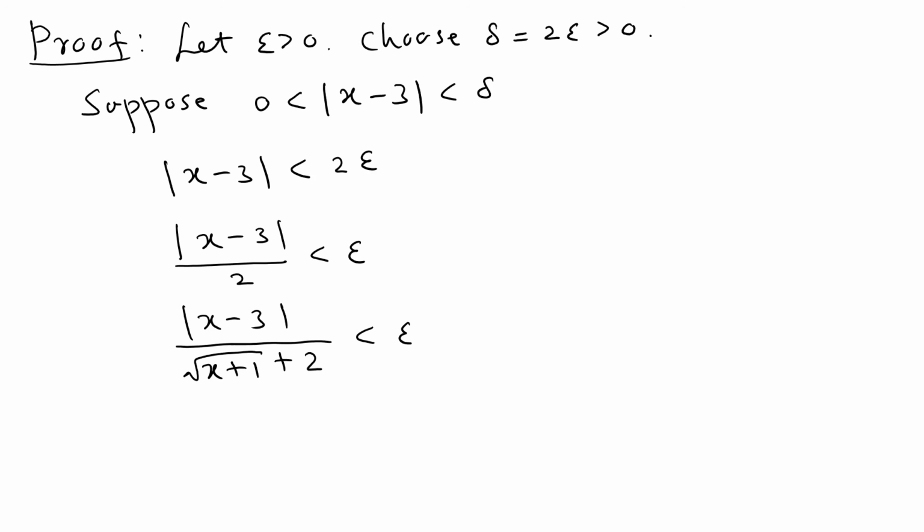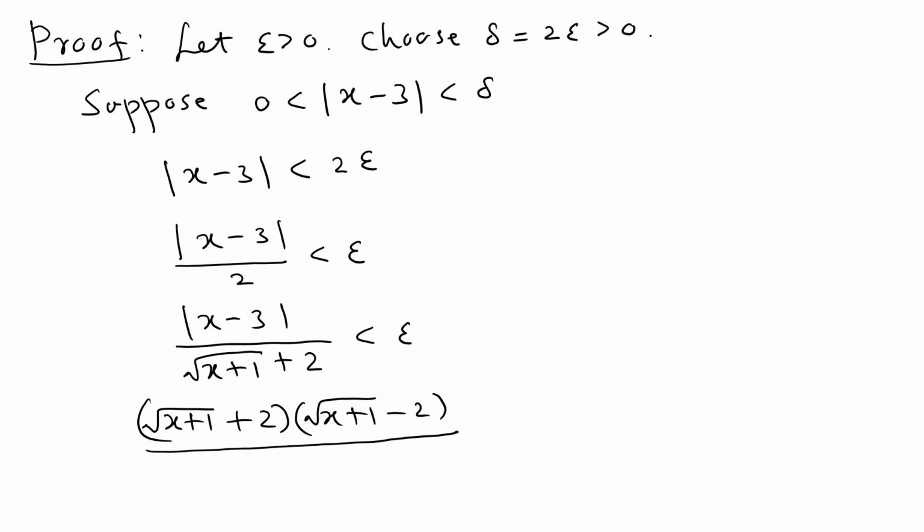Now we can simplify this one. To simplify, we can again write the top using the conjugates. So we can write the top as the square root of x plus 1 plus 2 times the square root of x plus 1 minus 2, and then divided by the square root of x plus 1 plus 2.